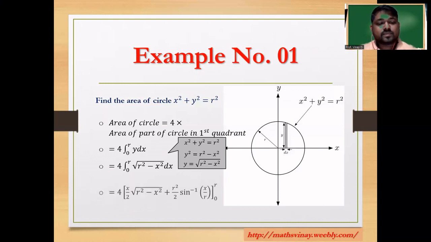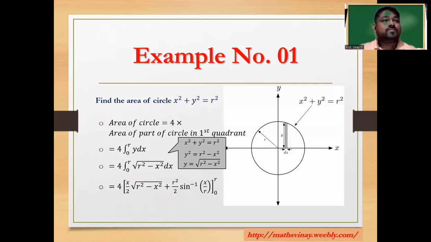Okay. Next, the integration of under root r square minus x square is nothing but x by 2 under root r square minus x square plus r square by 2 into sine inverse of x by r, where the limits are 0 to r.